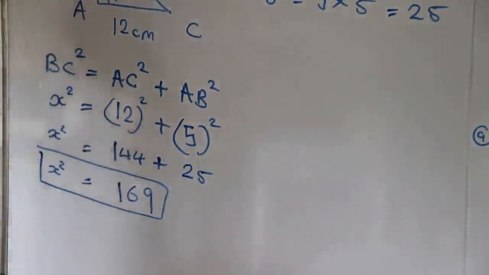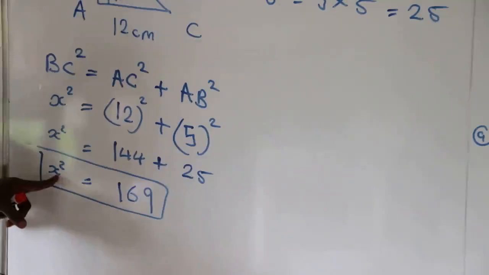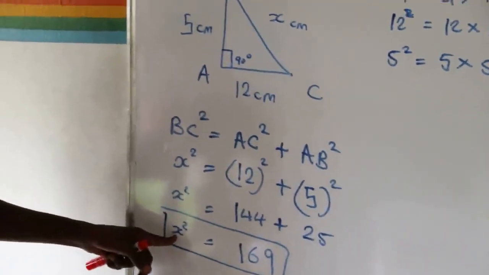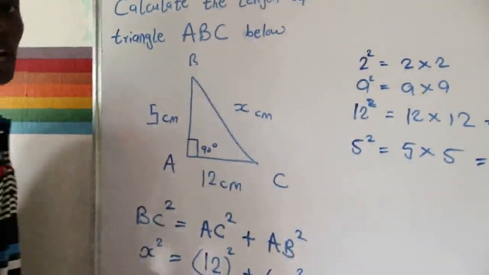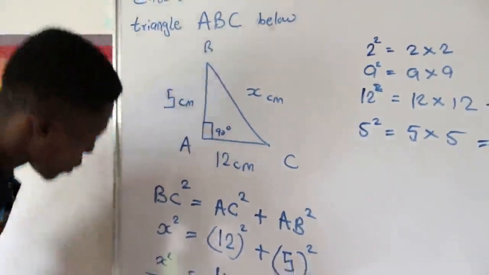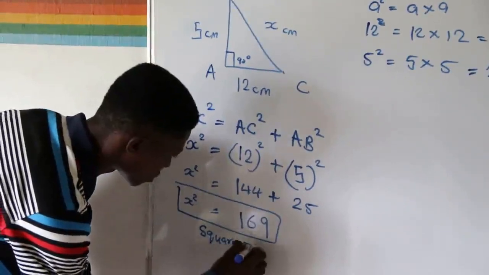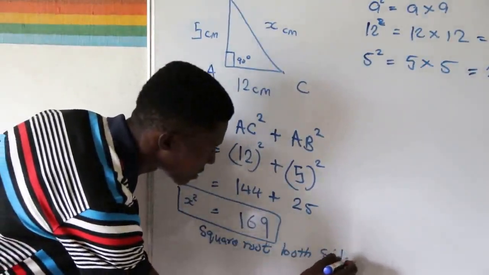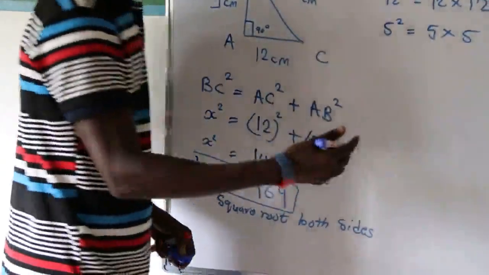Because from the question, we are told to find x and not x squared. But here we are having x squared. So we have to unsquare this x. And how do you unsquare the x? You unsquare the x by square rooting both sides. Now let's square root both sides.